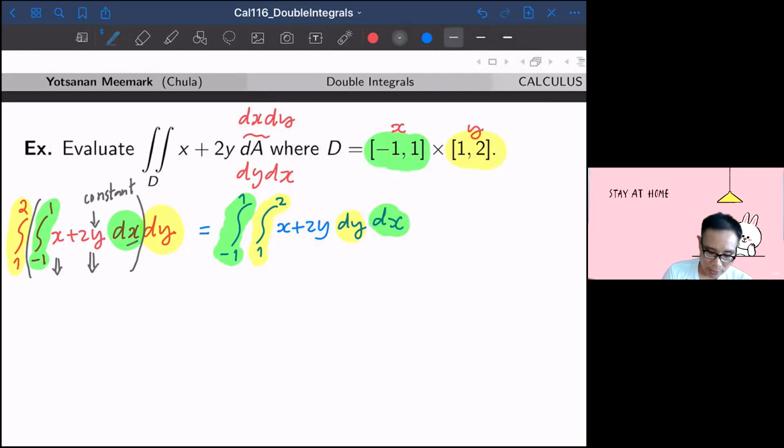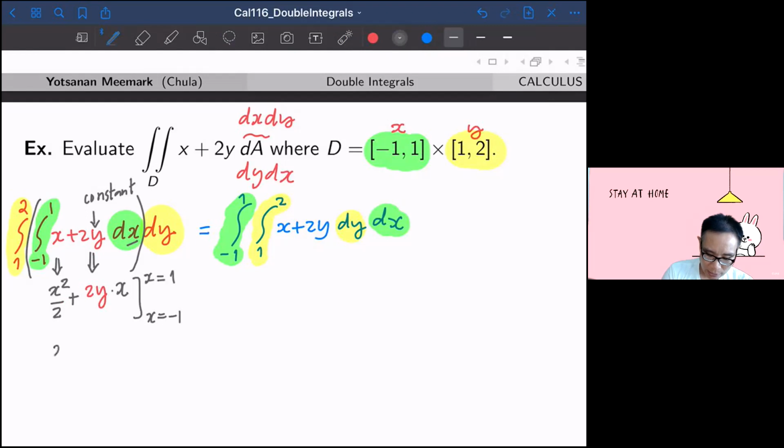So you integrate x dx, and you get x squared over 2. And you integrate the constant 2y, so it's going to be 2y multiplied by x. This will be from x equal to -1 to x equal to 1.